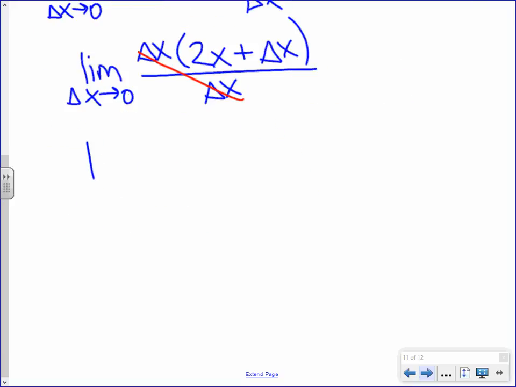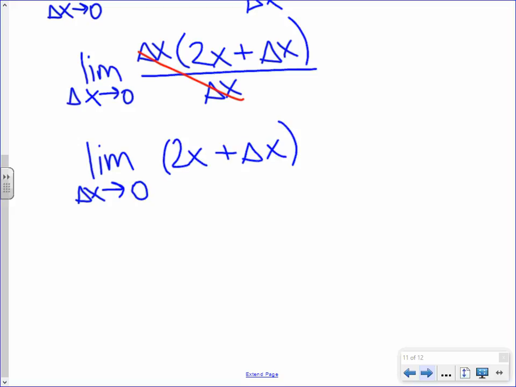Notice how I've written the limit as delta x approaches 0 every time because we haven't evaluated yet. We are left with the limit as delta x approaches 0 of 2x plus delta x. At this point, we can use direct substitution.